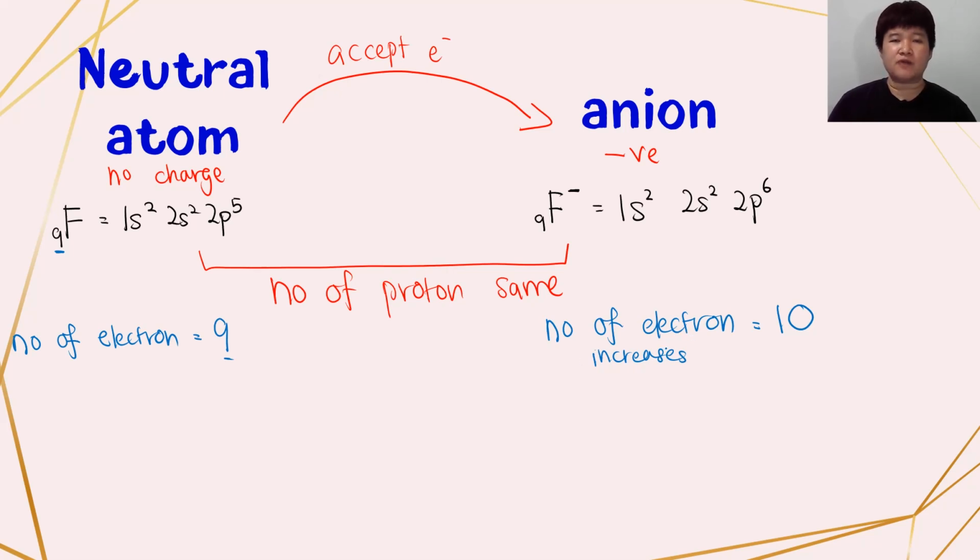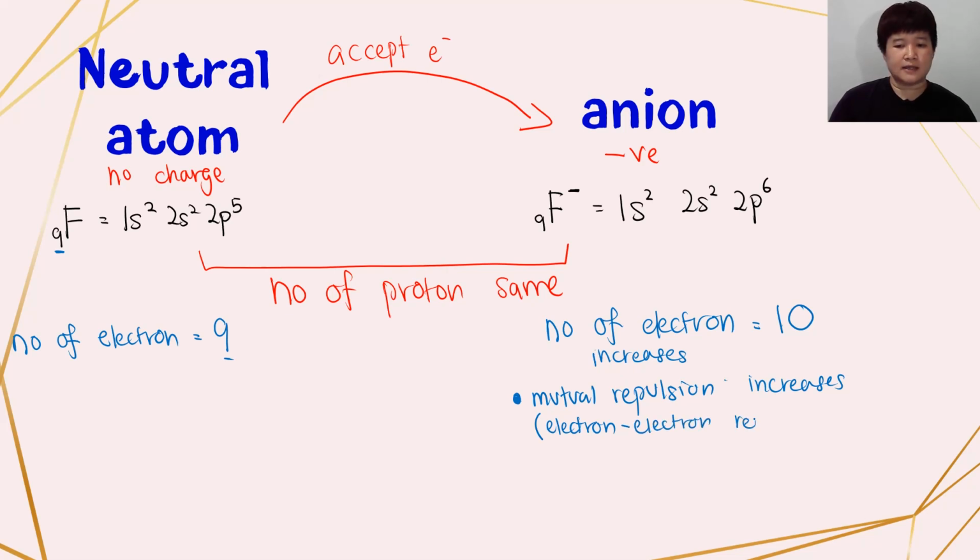So what happens when the number of electrons increases? One thing that we call mutual repulsion increases. What is actually mutual repulsion? Mutual repulsion can also be called electron repulsion. Why will electrons have repulsion?